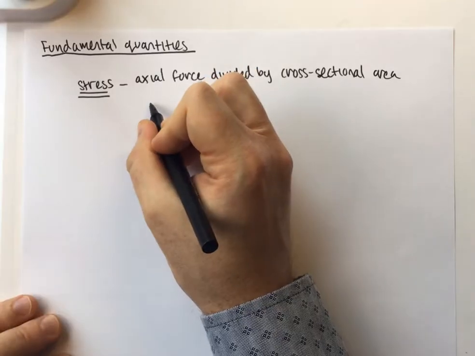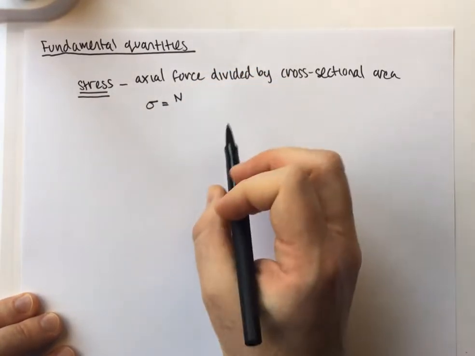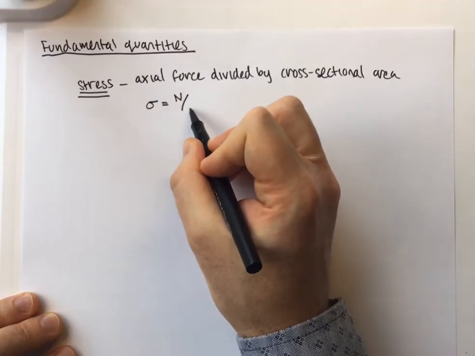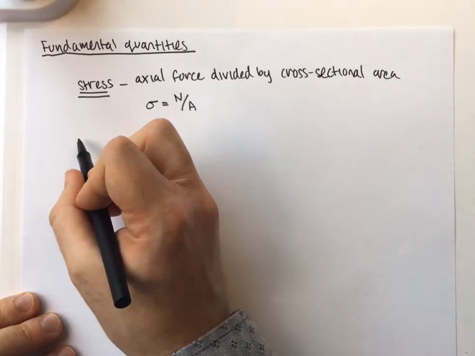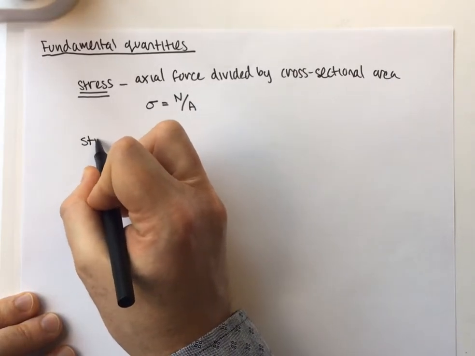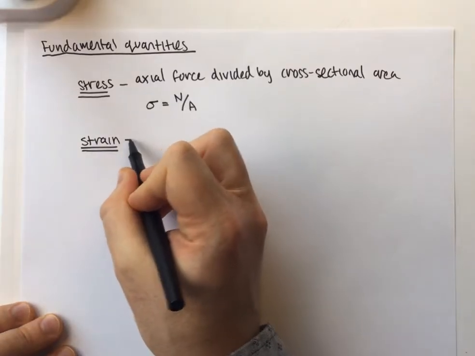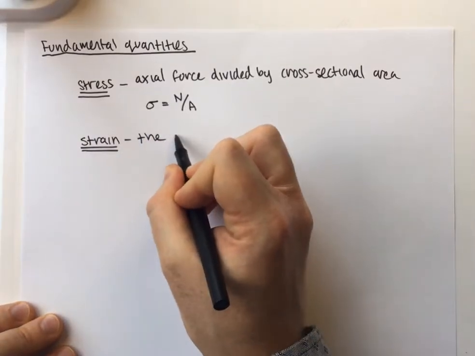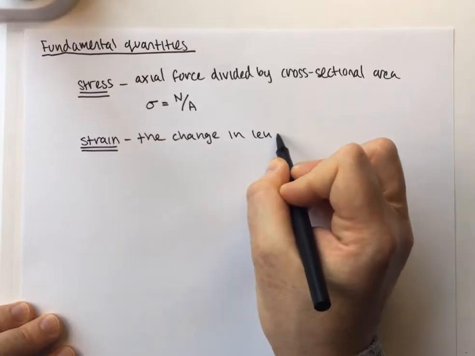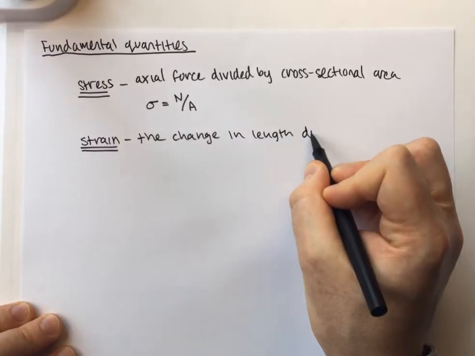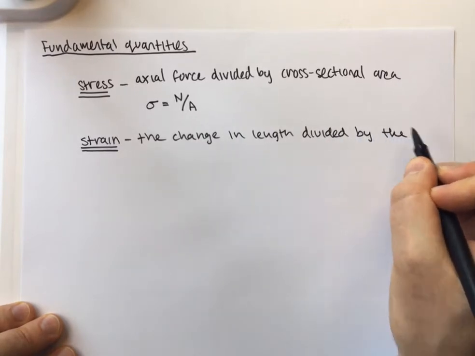And we're going to give that a name, sigma, and that's going to be equal to N, which is a force, divided by A, which is the area. And the second fundamental quantity that we're going to need is going to be strain. And strain is going to be the change in length divided by the original length.